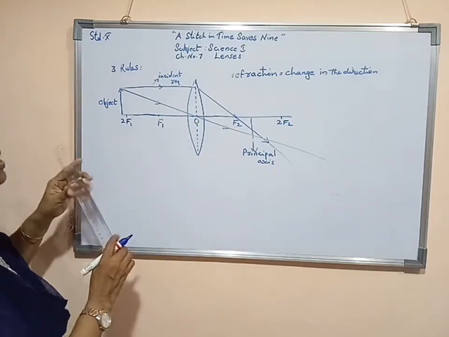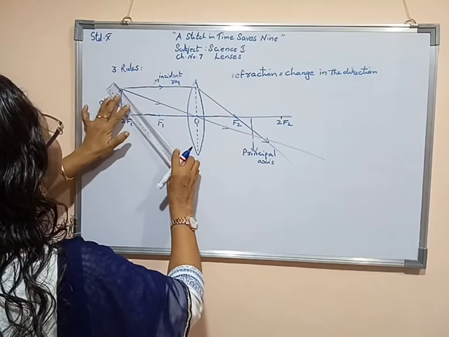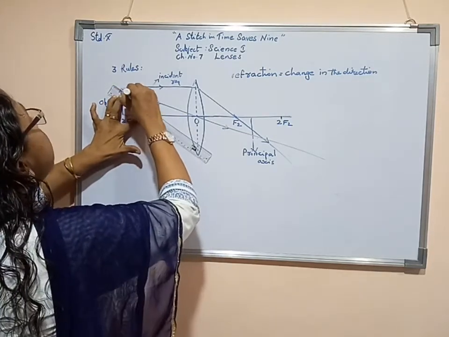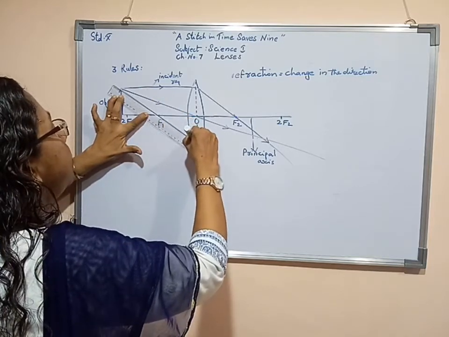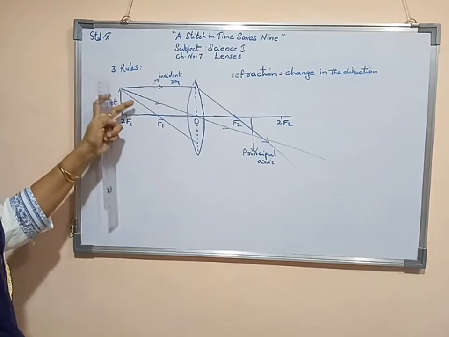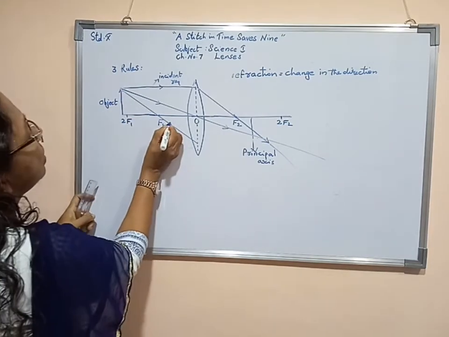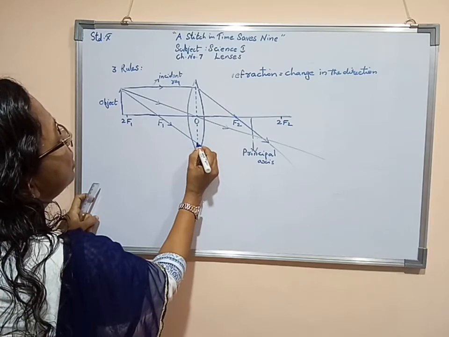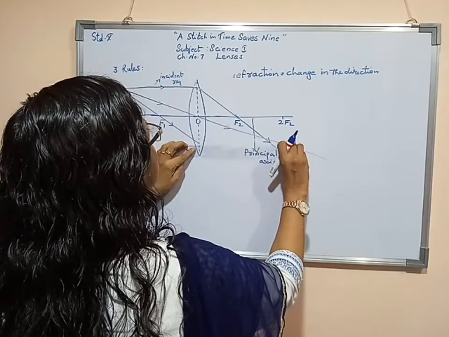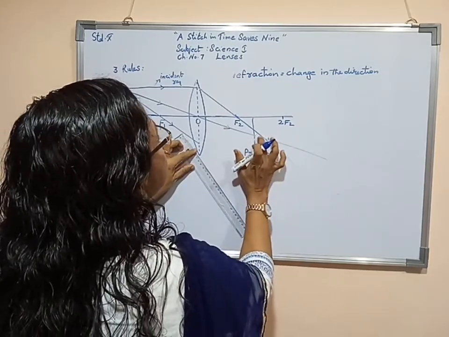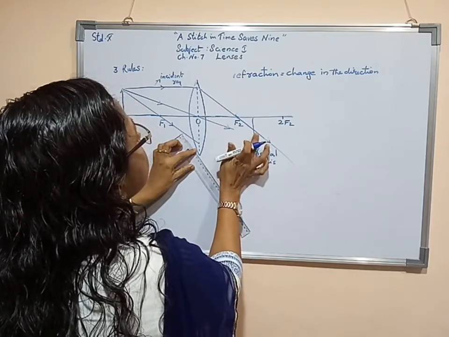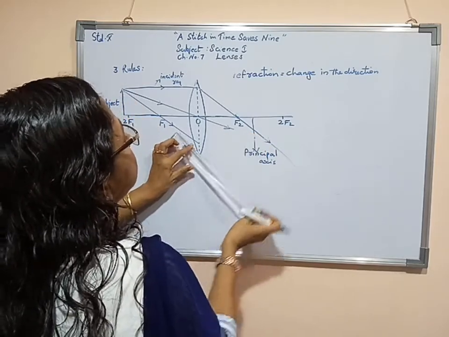The third rule, that is the ray which is passing through the principal focus. This is the third rule. The ray which is passing through the principal focus, after refraction, I'll draw it later.